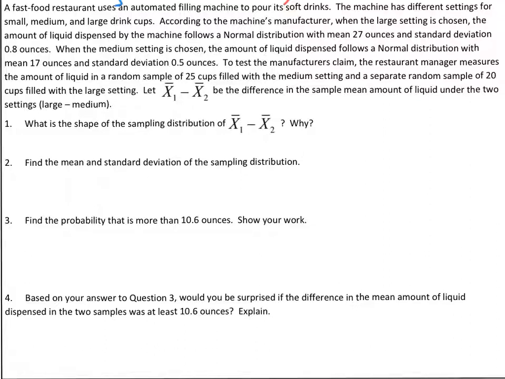Okay, so the first two parts are again kind of taking us through. Are we sure we can use a normal distribution? Where is it going to be centered? What's going to be our standard deviation, right? Before we go do a probability calculation, we got to be okay with all that.